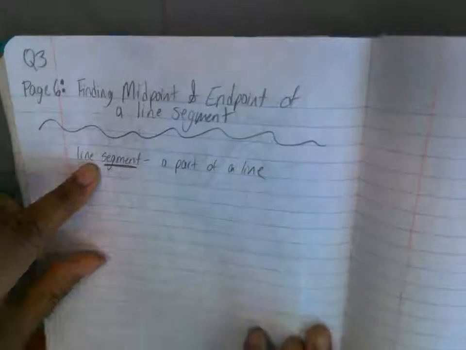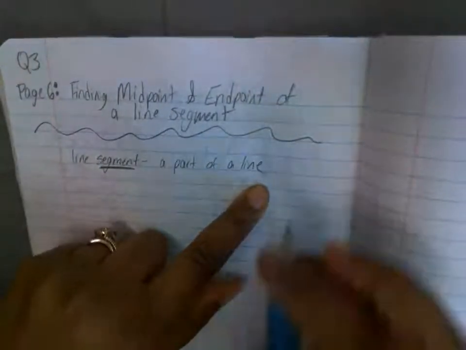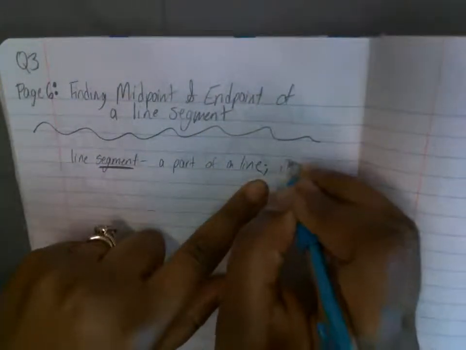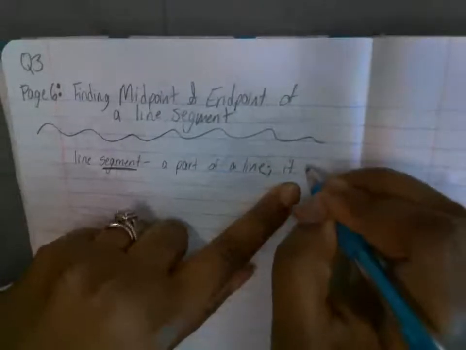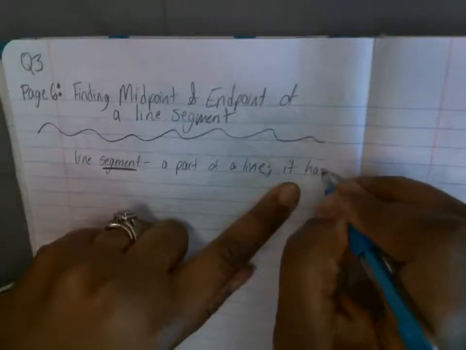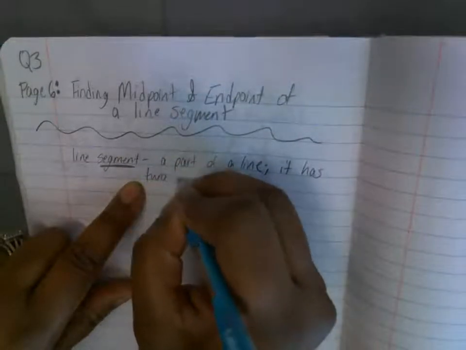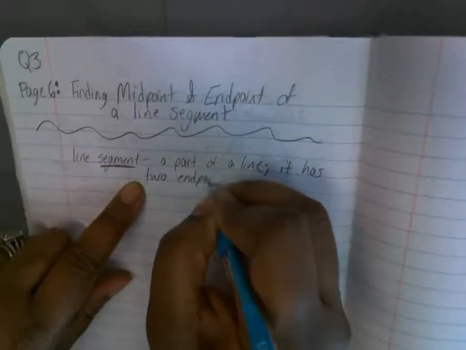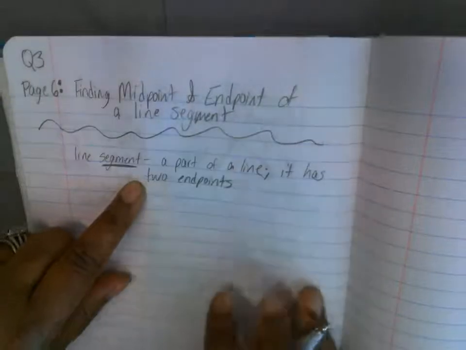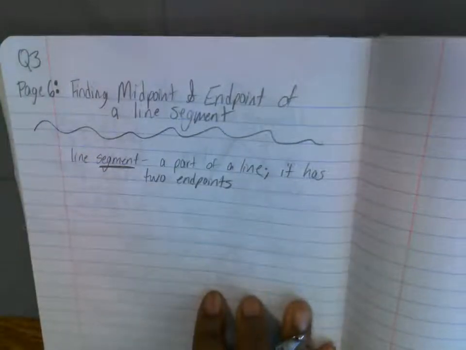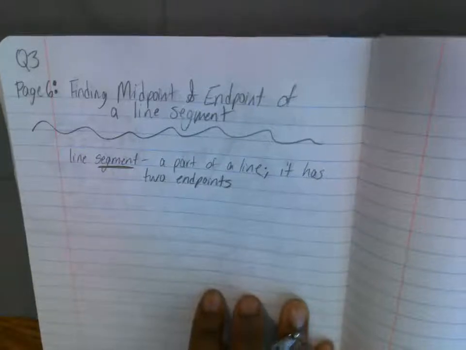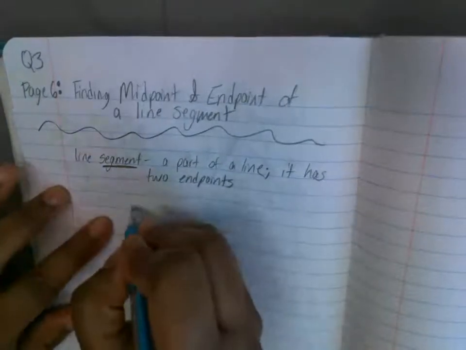So a line segment is a part of a line; it has two endpoints. It looks like this.